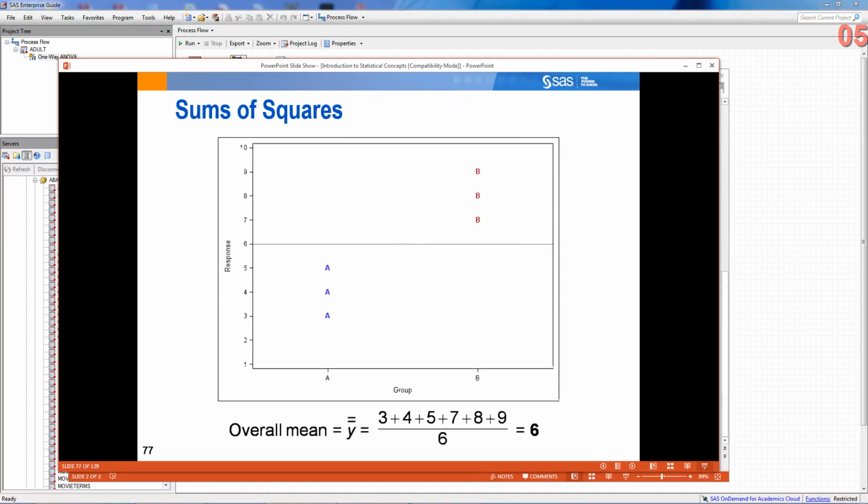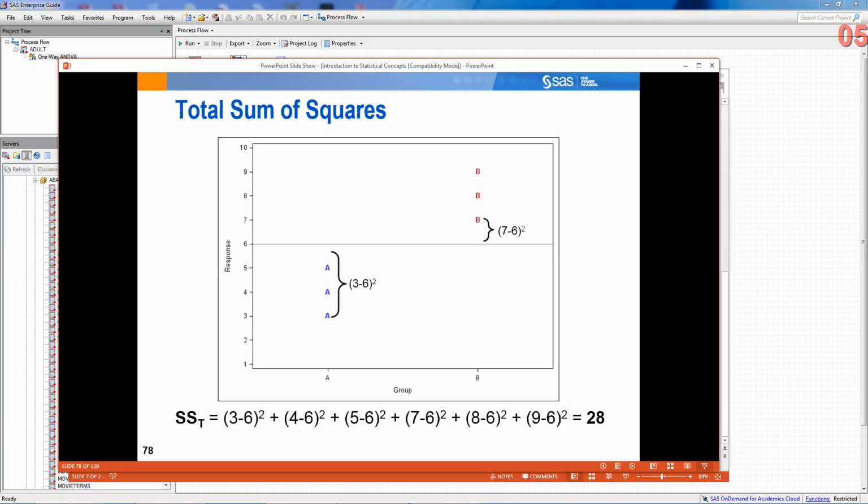Now if we take a simple example of two groups, A and B, the overall mean for this data set would be 6, as you can tell. 3, 4, 5 are the values for A, 7, 8, 9 are the values for B, and the overall mean is 6.